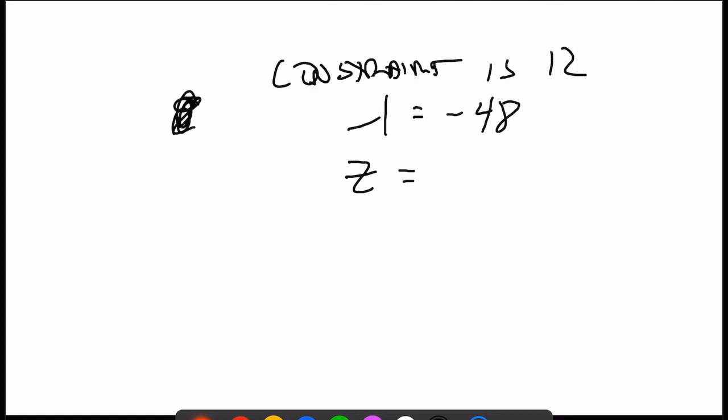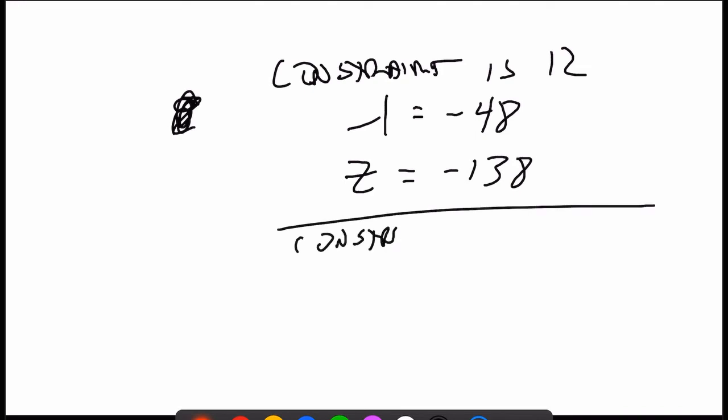It's minus 138. If I make the constraint 11, z should be somewhere around minus 90.